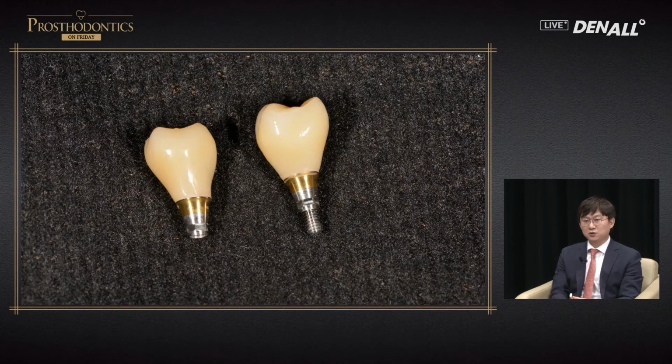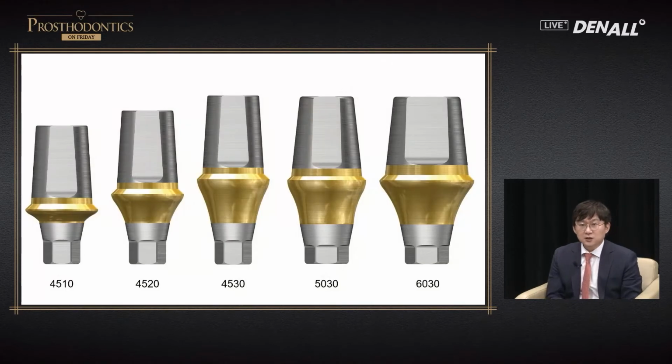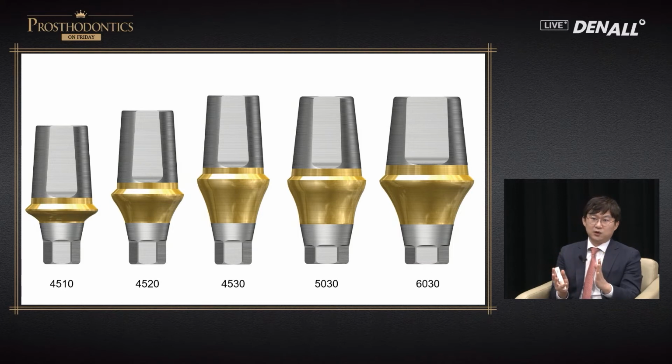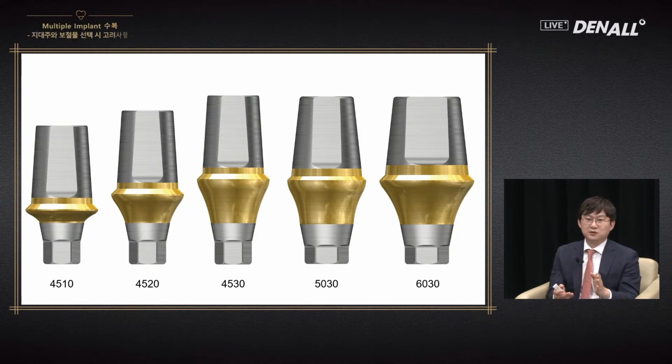5.0 is sometimes used. For the gingiva height, it should be at least 2 millimeters. If you look at this slide, the gingiva height is called a gingiva collar. If it is higher, the profile would be slimmer with the same diameter.